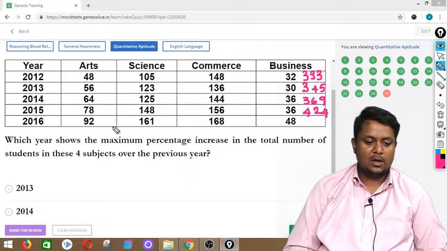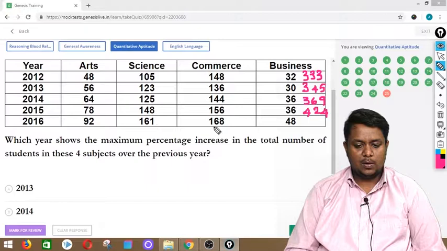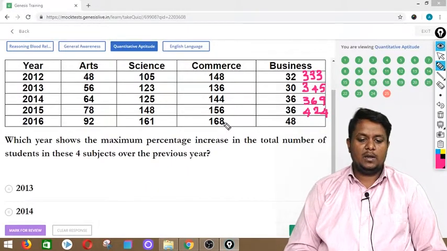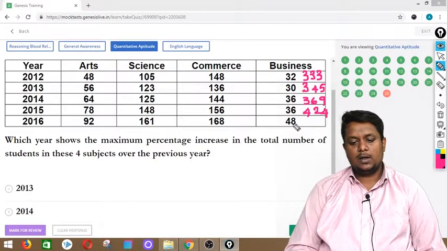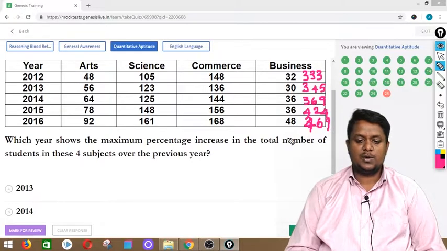And 2016 total number of students will be 253, 353, 313, 321, 321 and 48 is 469. 469 is the total number of students.